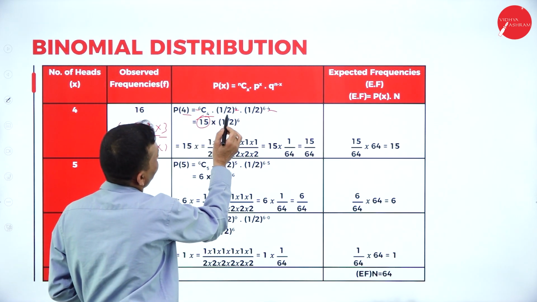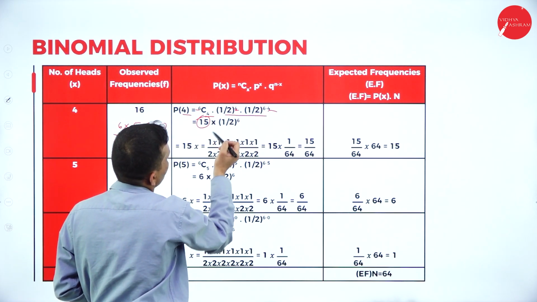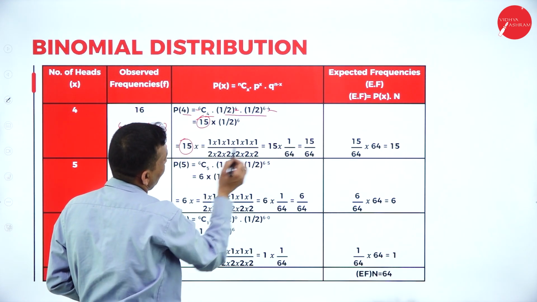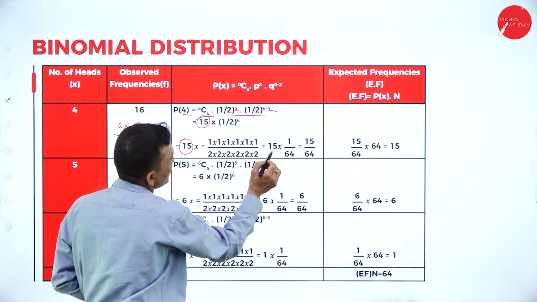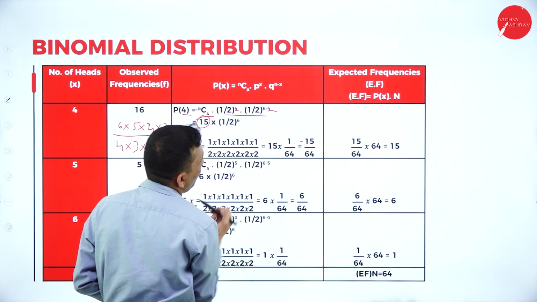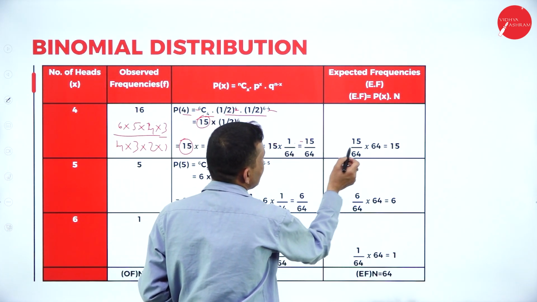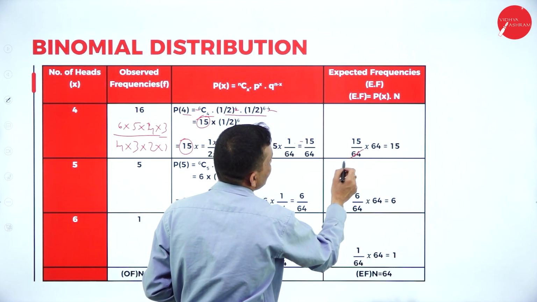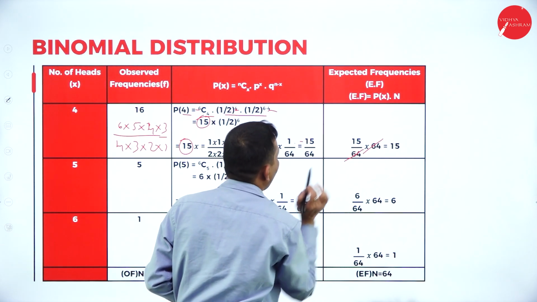So now the common value is 1 by 2, the 15 will carry, multiplied 6 times. So 15 as it is we are writing, 15 by 64, and you have to multiply with the frequency. Now 64 directly cancels, 15 as it is.